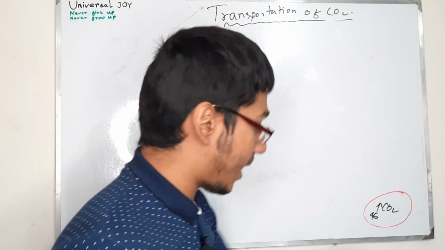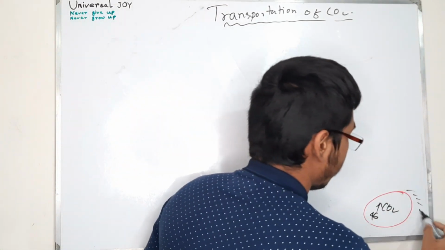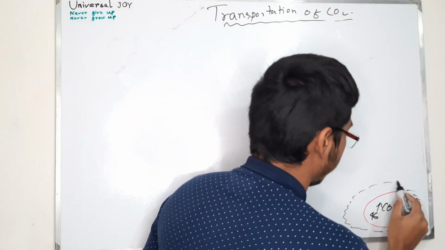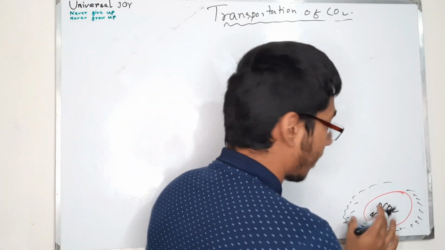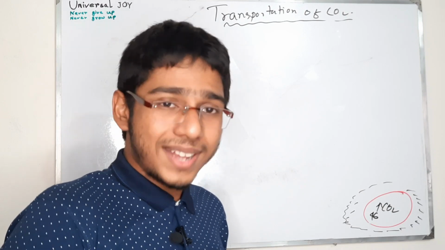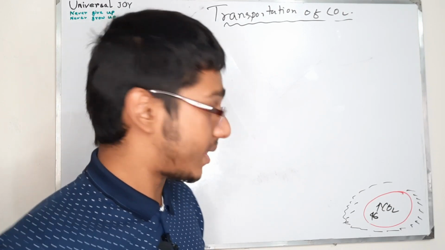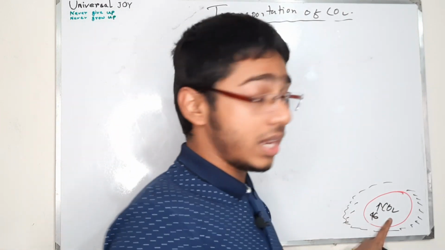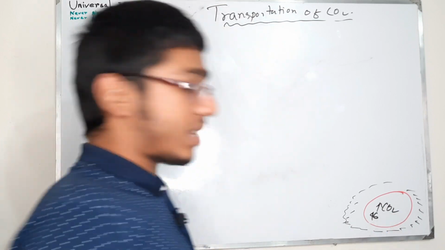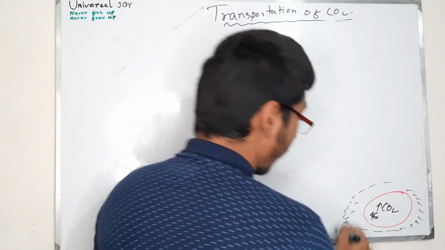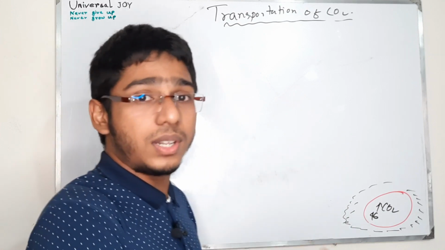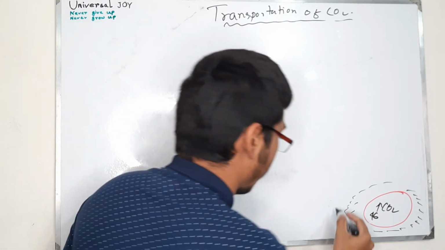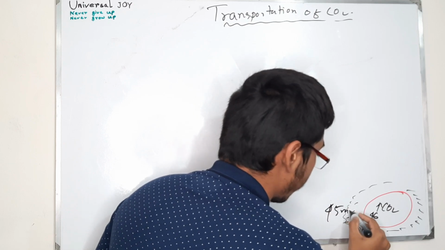Outside the cell is the interstitial space, or interstitial medium. Outside the border of the cell, the partial pressure of carbon dioxide will be slightly lower compared to the partial pressure within the cell. Experiments have shown us that the partial pressure within the interstitial space is approximately 45 millimeters of mercury.